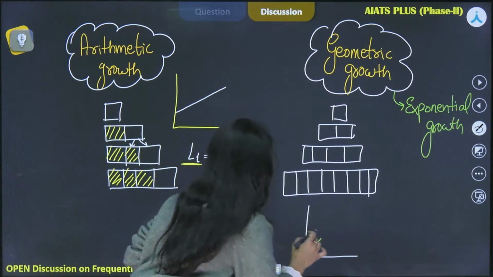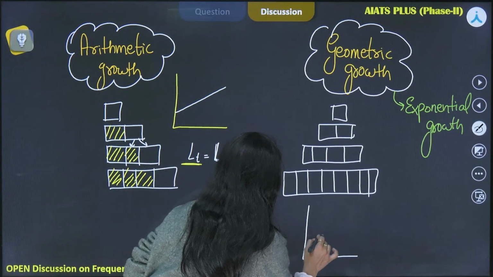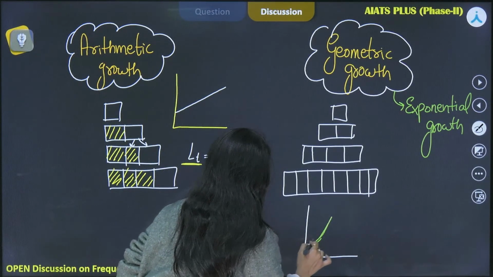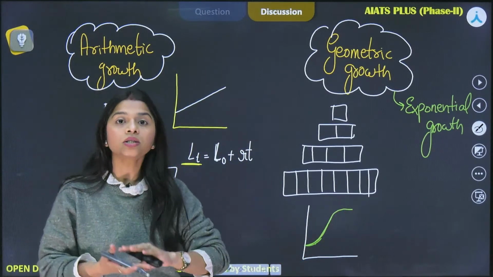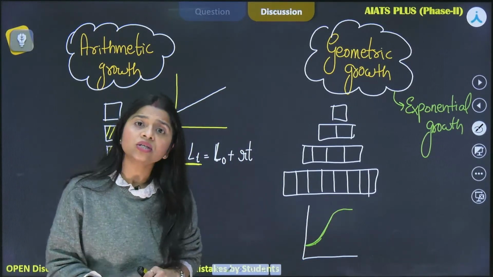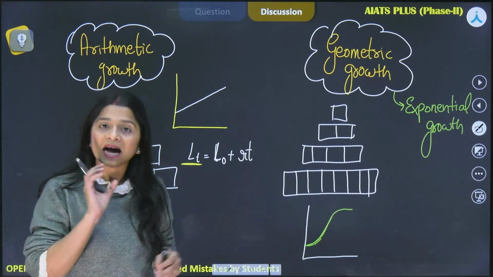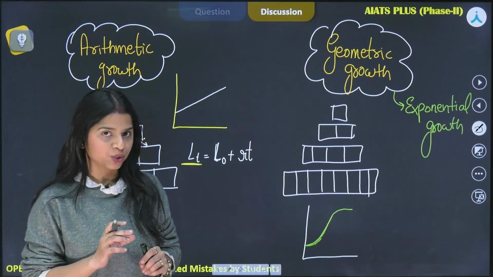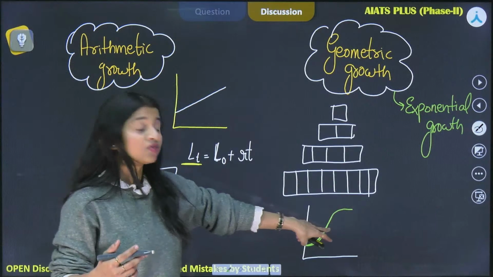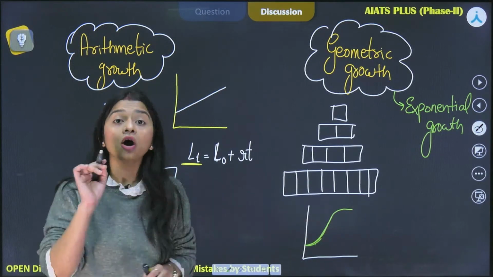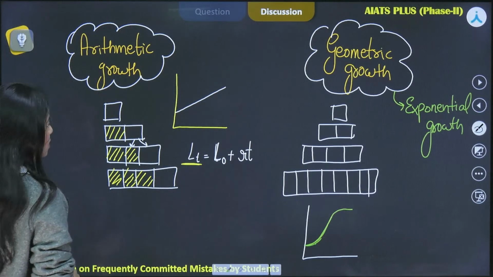Now when the number is increasing exponentially, that will lead to a steep rise, and there will come a phase when this particular growth will stop, because maybe the resources are now limited. So the initial phase is the lag phase, when slow growth is observed, then the number is increasing exponentially. The next phase that we will observe over here is the log phase, and then will come the asymptote or the stationary phase.